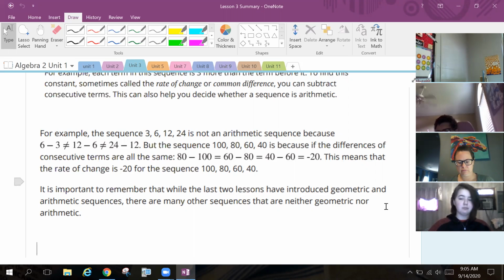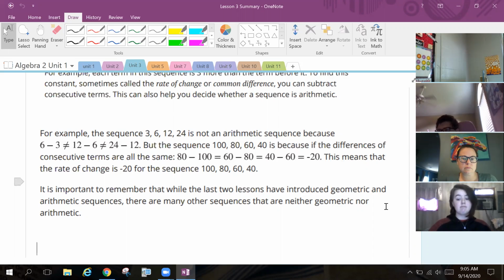What's happening to get the next number? Times 2. You were close. Times 2. So if it's the same number being multiplied each time, that is a what sequence? Geometric.